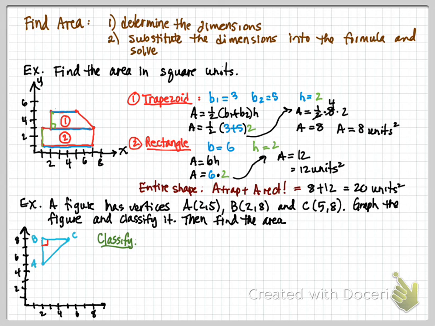Okay? When I count up 1, 2, 3 from B to C, 1, 2, 3 from A to B, that tells me 2 sides are the same number in a triangle. That makes it isosceles. So its official name is an isosceles right triangle.